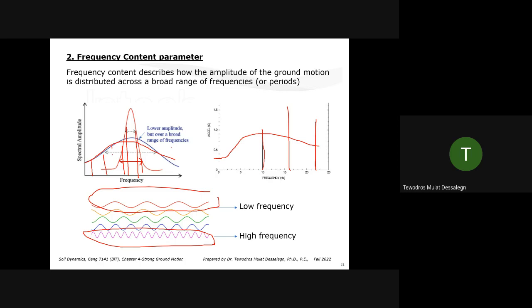For example, if you come around here, a structure with this frequency, let's say this is 5 hertz, then the red plot with the narrow band is giving this much acceleration, maybe 0.5 g. But this wider one is getting this much acceleration. The larger the acceleration, the larger the force. So that's why it says lower amplitude, but over a broad range of frequency. So the larger the frequency content, the more damaging generally.